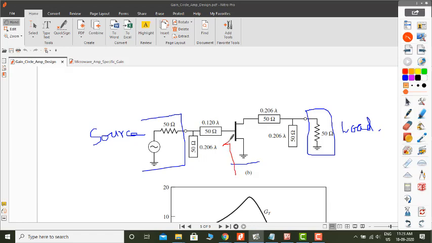So this is gamma S. Similarly, gamma L is the reflection looking towards the load through the output matching network. So this is gamma L. We have to realize these values. That means we have to transform the 50 ohm into the source impedance ZS corresponding to gamma S.